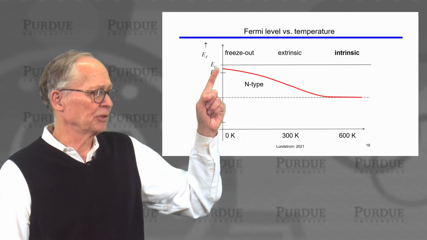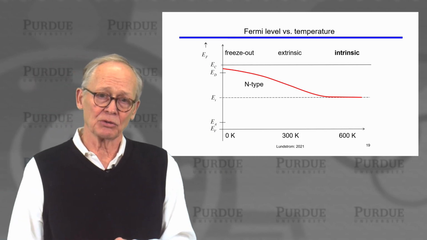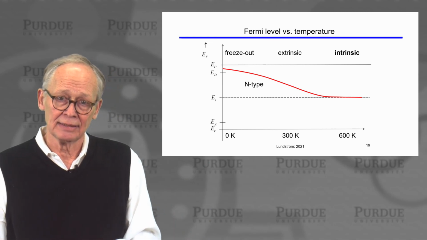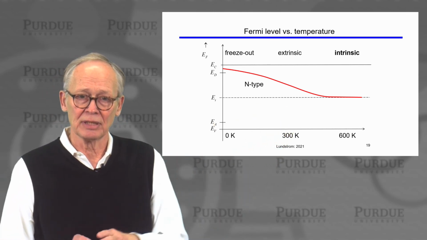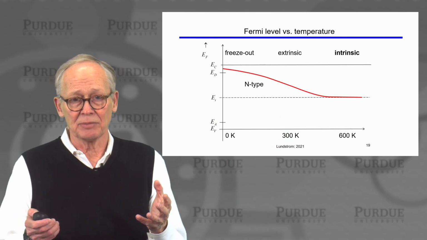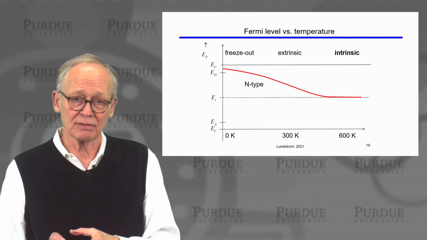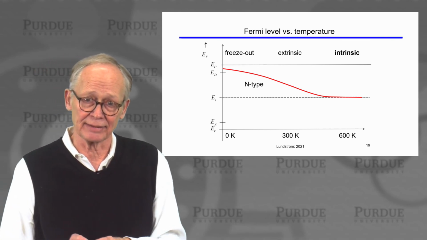At very low temperatures, the Fermi level has to be above the donor level, because all those donor levels are occupied. Those fifth electrons are sitting on the donors. But as we increase the temperature and go to higher and higher temperatures, eventually we're dominated by the intrinsic carriers, and when the semiconductor is intrinsic, the Fermi level is at the intrinsic level, which is almost exactly at the middle of the band gap.